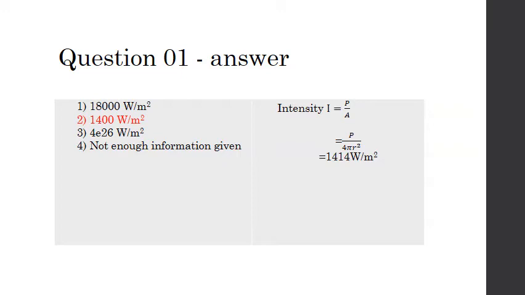And so you go out the radius r, and you imagine a sphere of that radius r that they've given you, which is 1.5 times 10 to the 11 meters, and then calculate its area, so all that power has to radiate through that area, and you come up with an intensity of 1,414 watts per square meter, and the closest answer is 2.